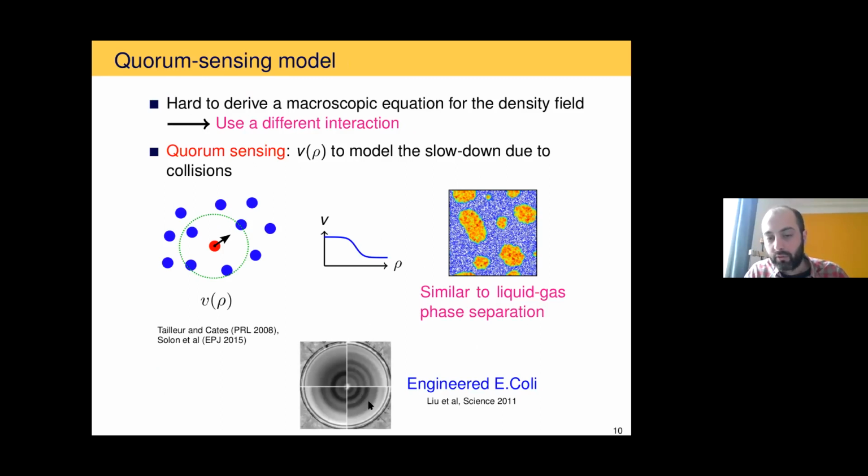It's MIPS, but the difference is that these bacteria reproduce, die and divide, and that gives you a ring pattern. But the mechanism to form the one ring is MIPS, and it's really because this velocity decreases with density.